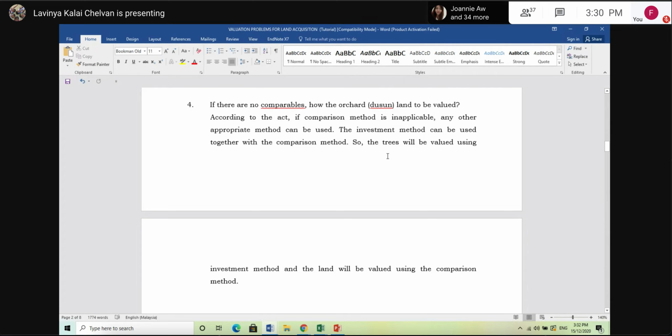What type of tree do you refer to? It depends on what are the trees in the orchard. Okay, you must pick one to answer. Durian or something. Durian. How old is the durian? Musang King. Musang King or Black Thorn?